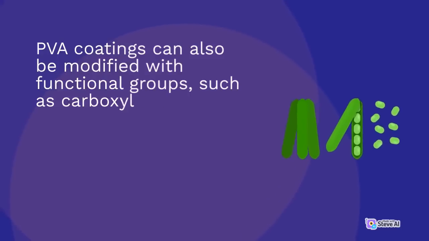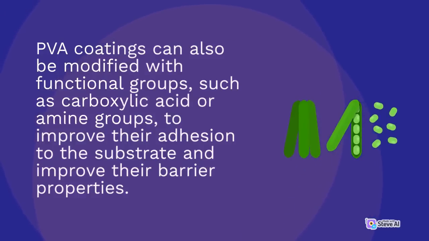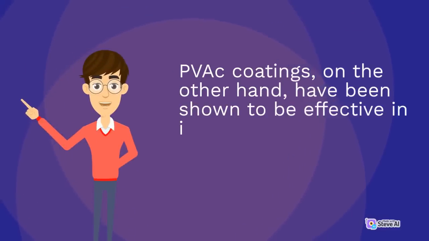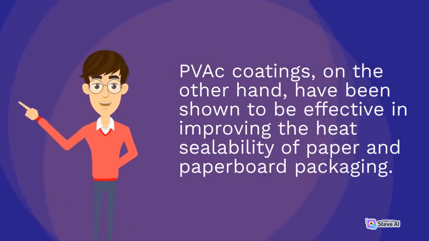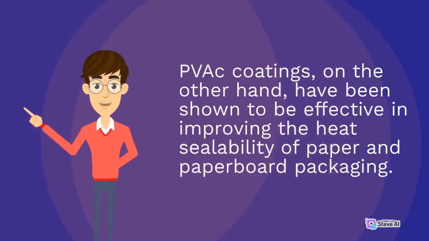PA coatings can also be modified with functional groups, such as carboxylic acid or amine groups, to improve their adhesion to the substrate and improve their barrier properties. POTS coatings, on the other hand, have been shown to be effective in improving the heat sealability of paper and paperboard packaging.